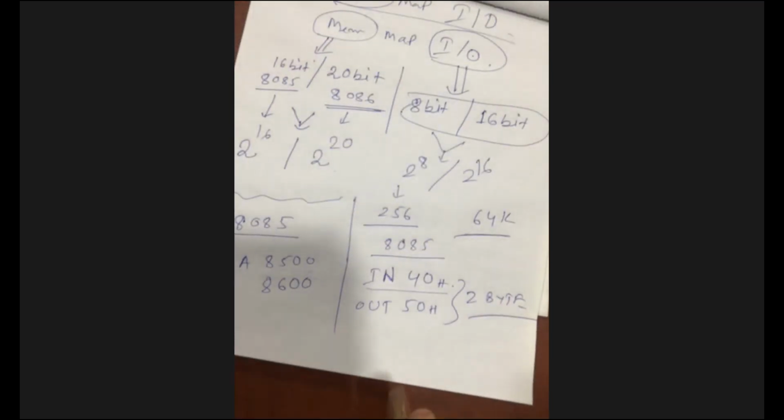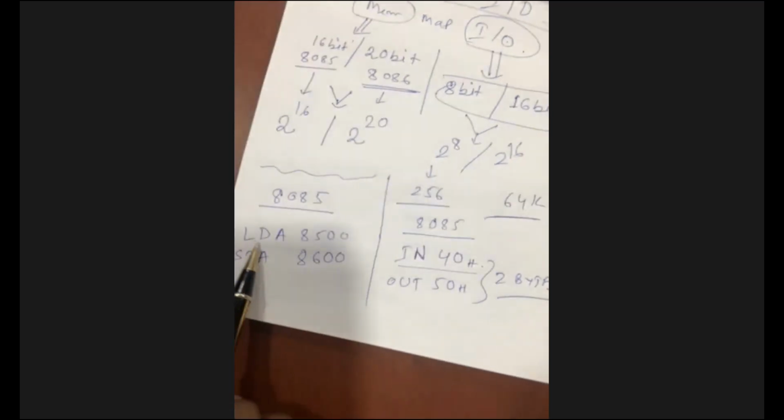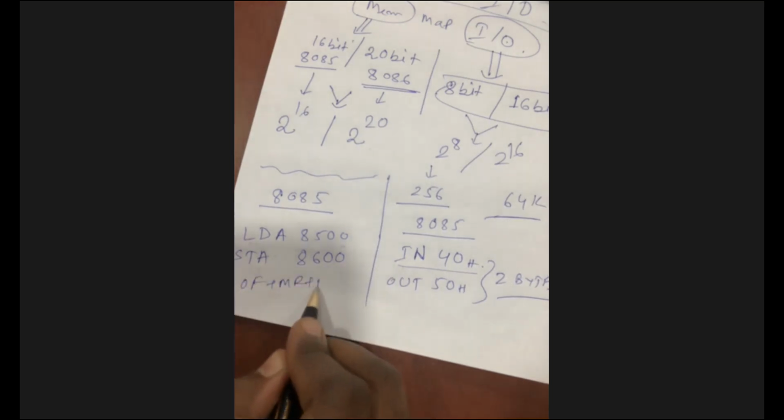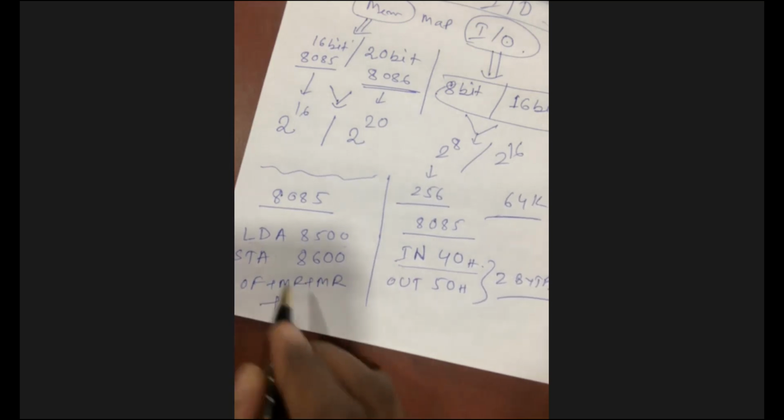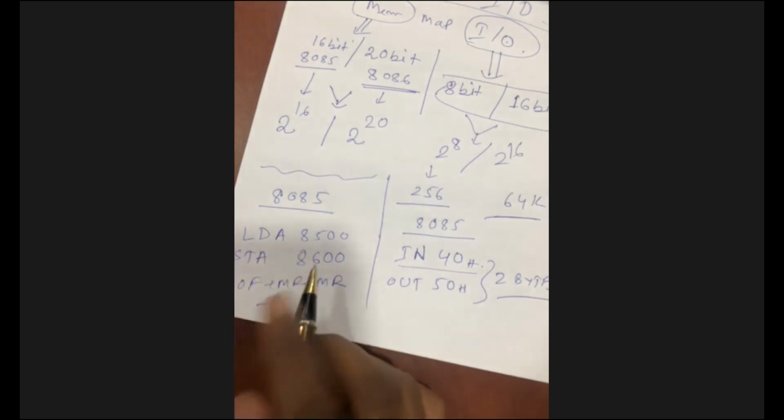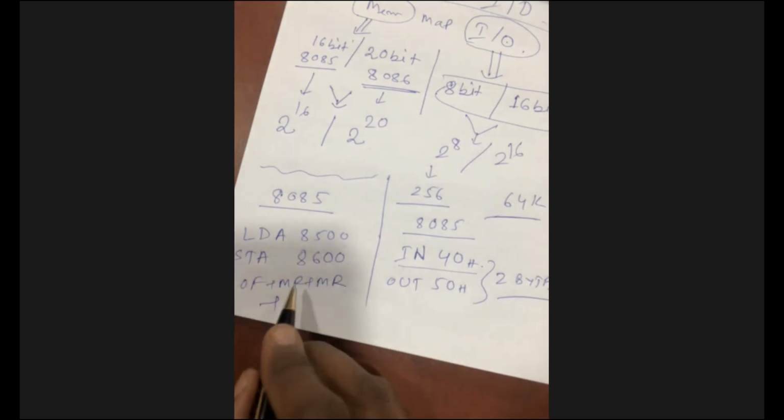Number one, how many machine cycles or T-states are required? LDA is a 3 byte instruction. The cycles are opcode fetch plus memory read plus memory read, plus an extra machine cycle, maybe memory read or memory write. For LDA it's a memory read, for STA it's a memory write.